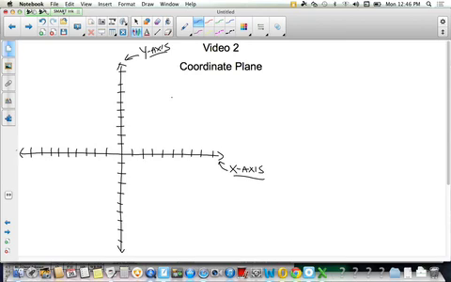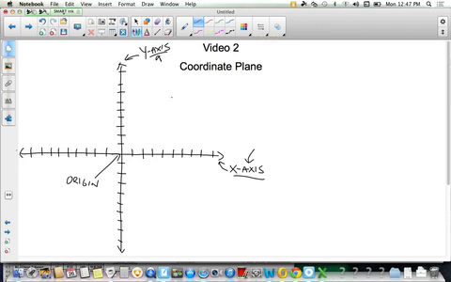The center point, the middle, we call the origin. These are all terms that you should have filled out in your terms page.